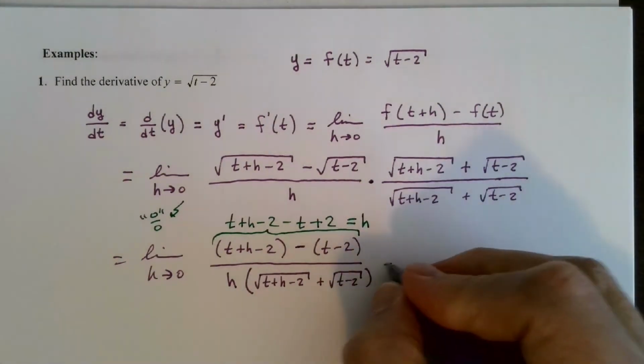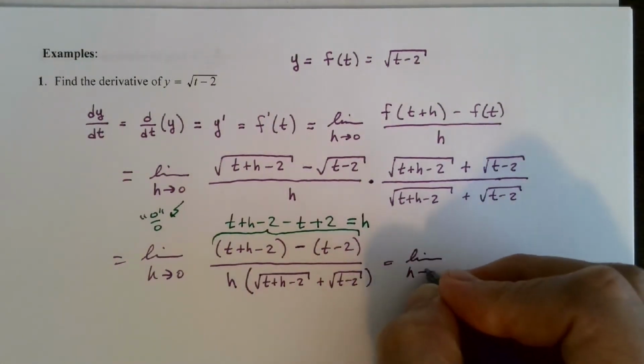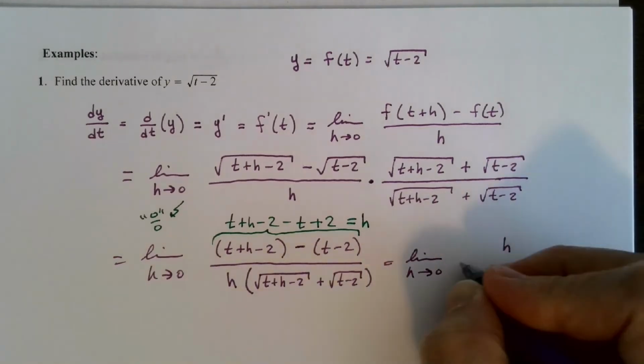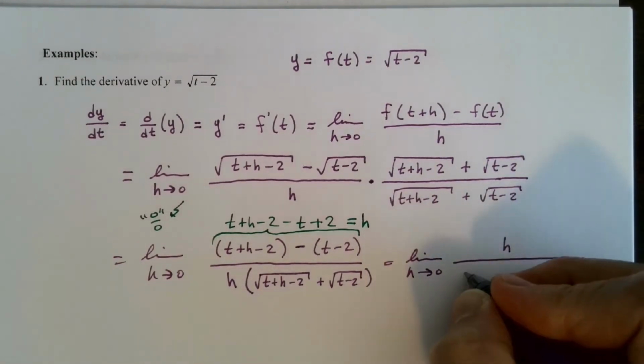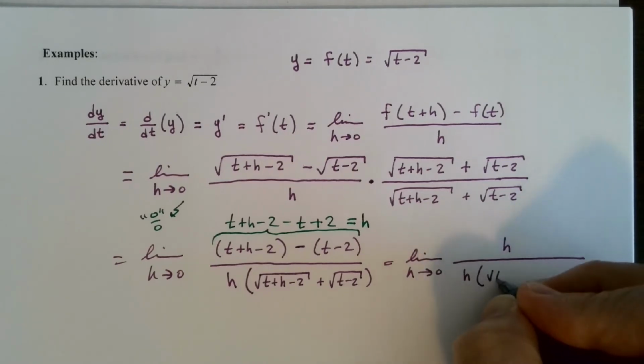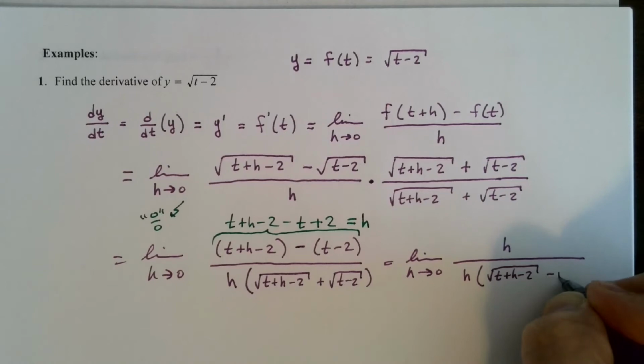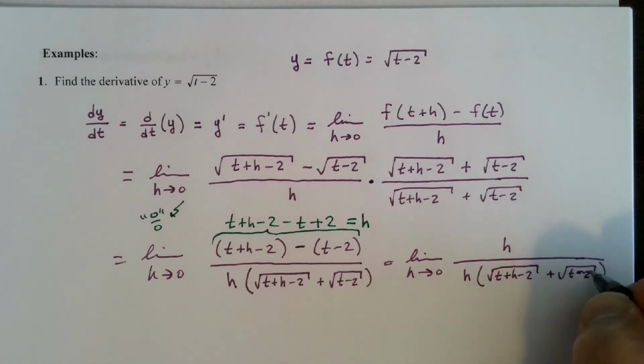So this is the limit as h goes to 0 of h, is what the top simplifies down to, over all this. The square root of t plus h minus 2 plus the square root of t minus 2.